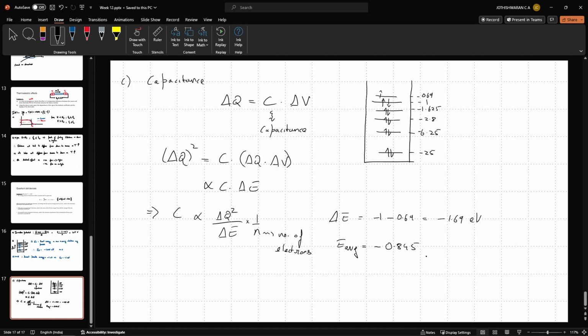So the average energy that needs to be provided is going to be 24.155, which is equivalent to 24.155 electron volts.